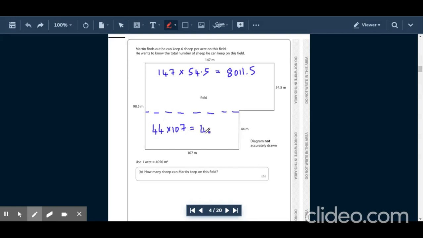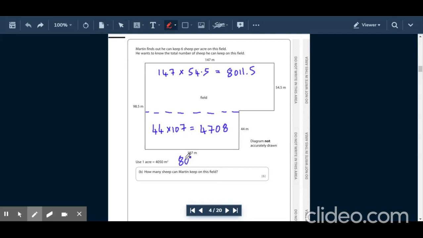Which is 4,708. Then for the total, I'm just going to add both of those together.